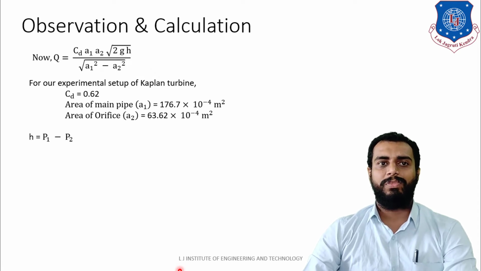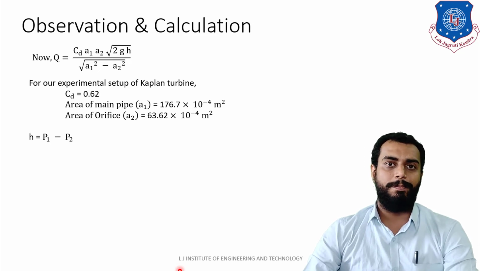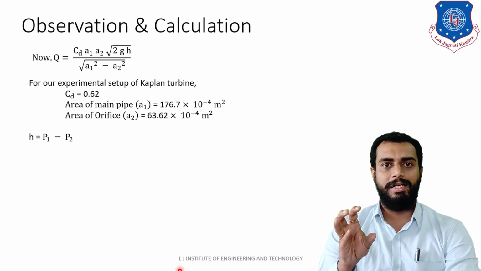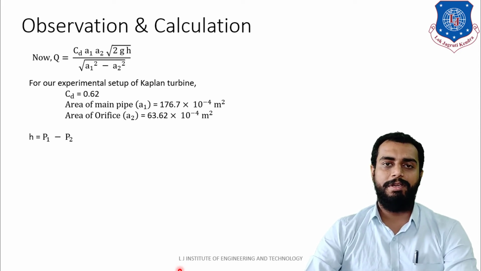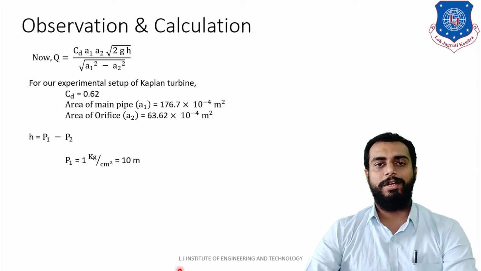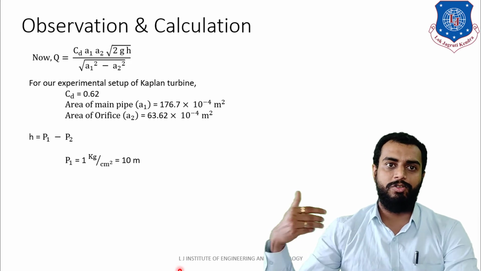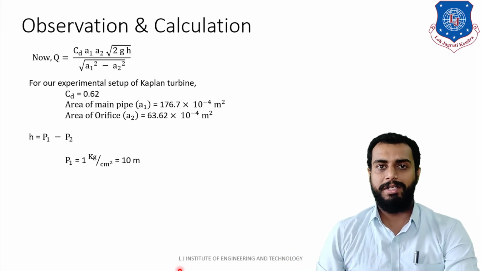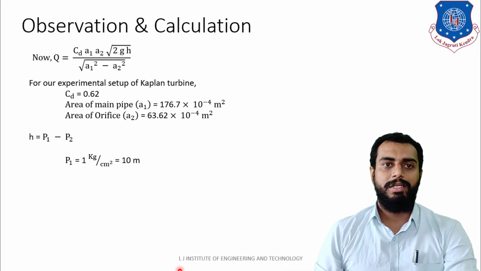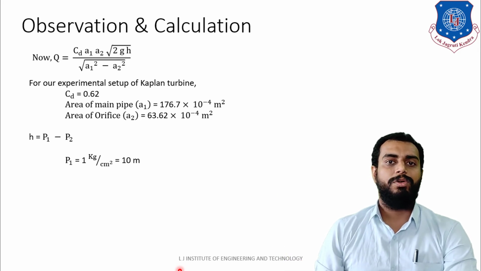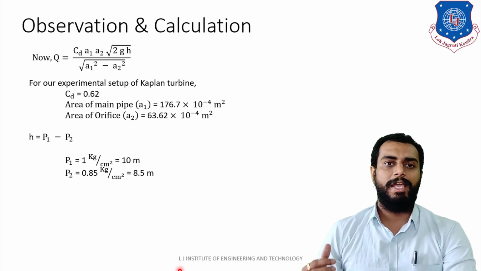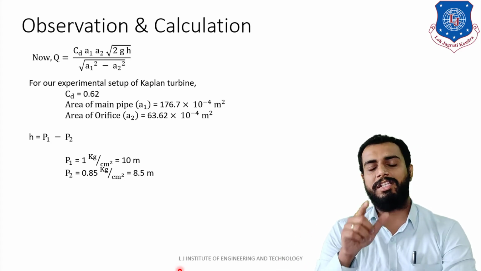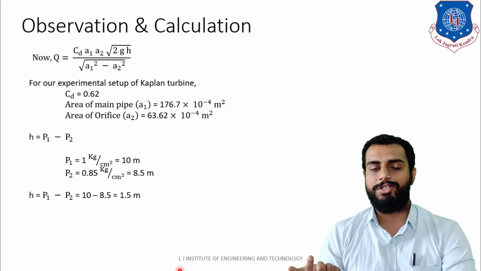So here the difference of H will be in terms of pressure difference, because we have simply connected the pressure gauge with the orifice meter, right? So we will take the difference of P1 and P2. So P1 is equivalent to 1 kg per centimeter square, convert it into meter, so it will be equivalent to 10 meter. So P1 is equal to 10 meter and P2 is equal to 0.85, converted into meter, so it will be 8.5 meter. Let me remind you, it is nothing but P by rho g, that is equivalent to H, right?